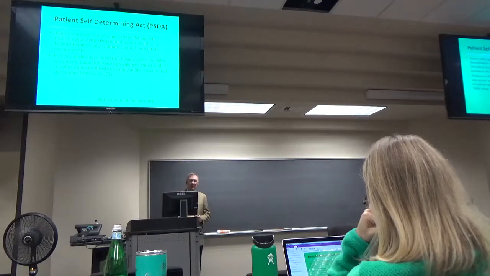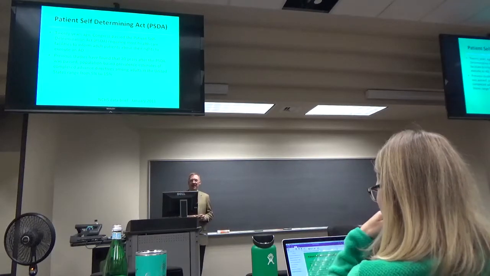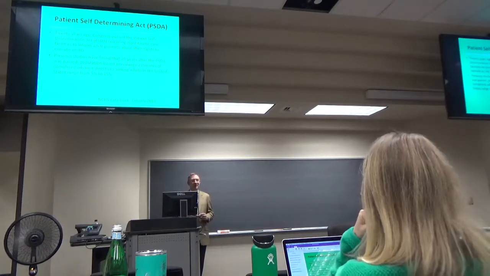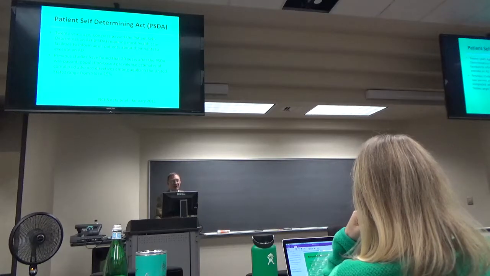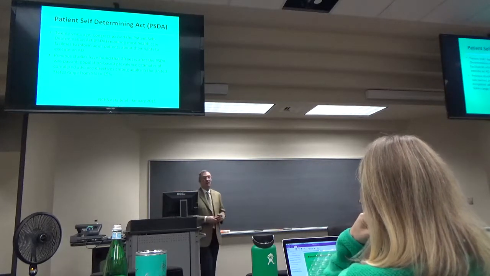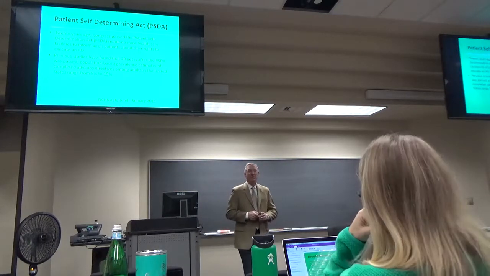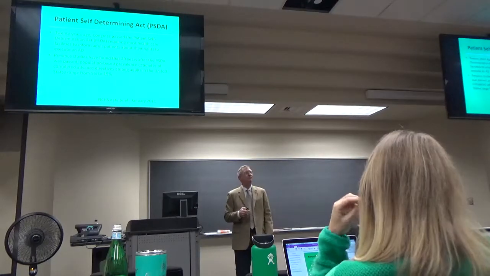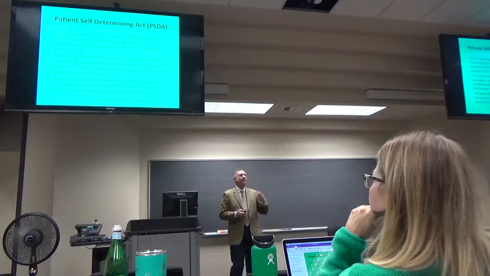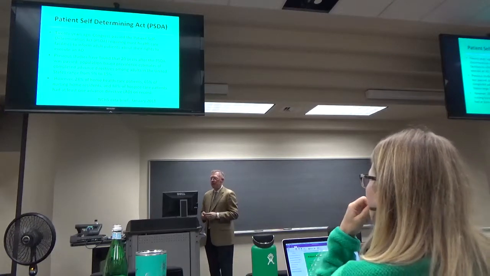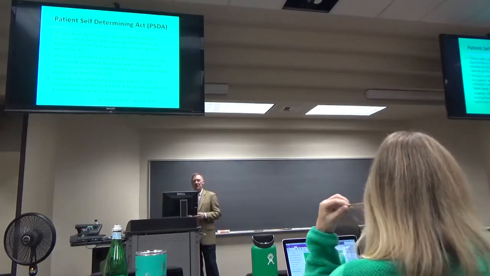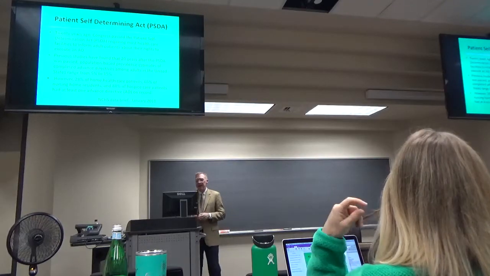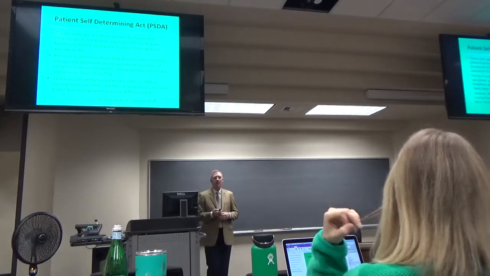Previous studies have found that 20 years after the PSDA was passed, population-based prevalence estimates of complete advanced directives among adults in the U.S. range from 5 to 15%. Which pretty much fits my experience, because most people do not have that put together. However, 28% of home health care patients, 65% of nursing home residents, and 88% of hospice care patients had at least one advanced directive on record.